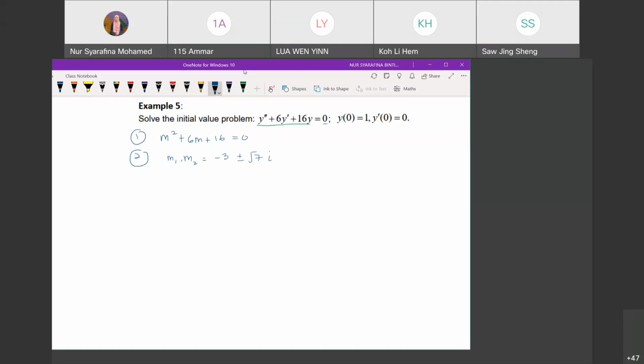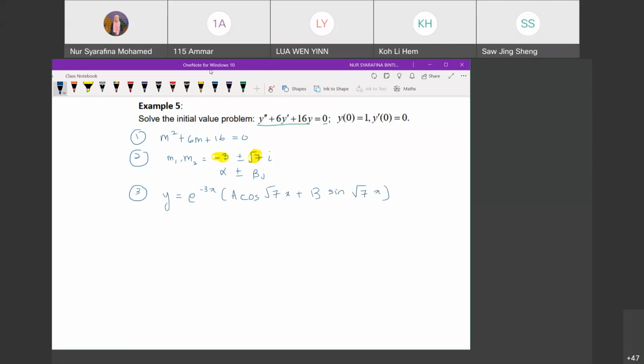This is in terms of alpha plus minus beta j, so alpha is minus 3 and beta is 7. When the roots are complex conjugate, the solution is y equals e to the power of alpha x times (a cos 7x plus b sine 7x).